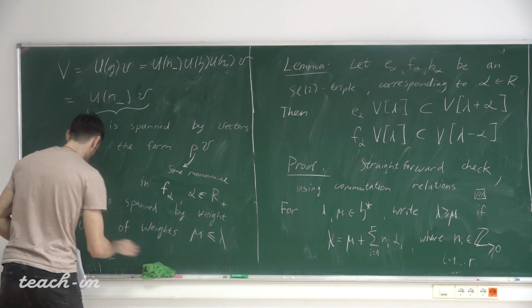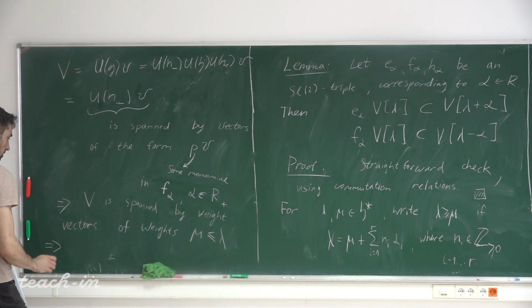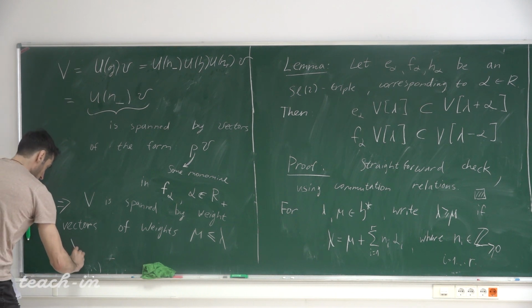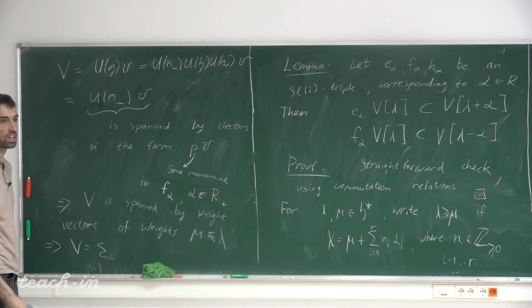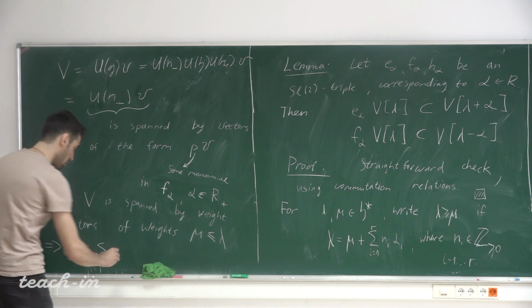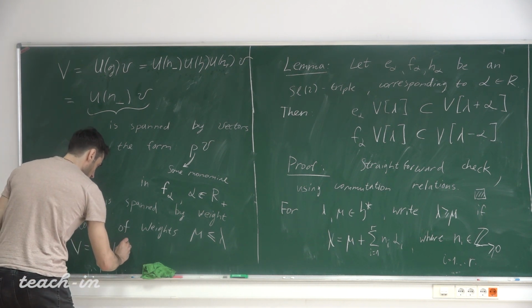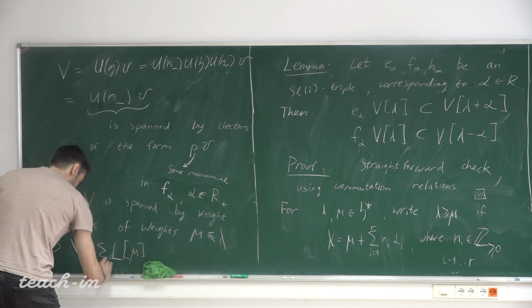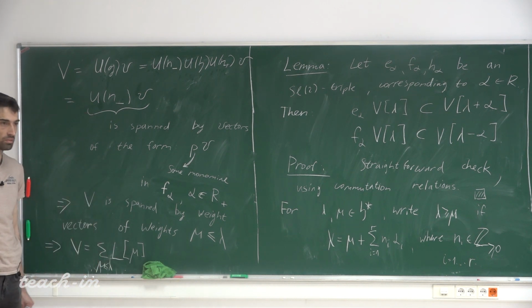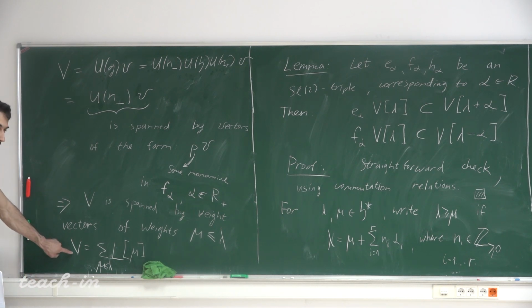Strictly speaking, that means V is maybe not a direct sum, but some sum of weight subspaces, as mu less or equal than lambda. But every vector here is a sum of weight vectors. So V is spanned by weight vectors. So it's exactly what's written here.